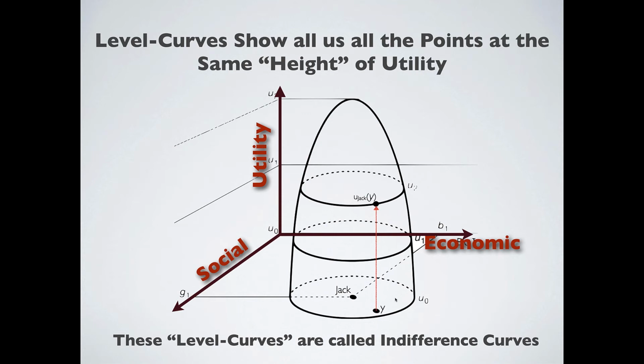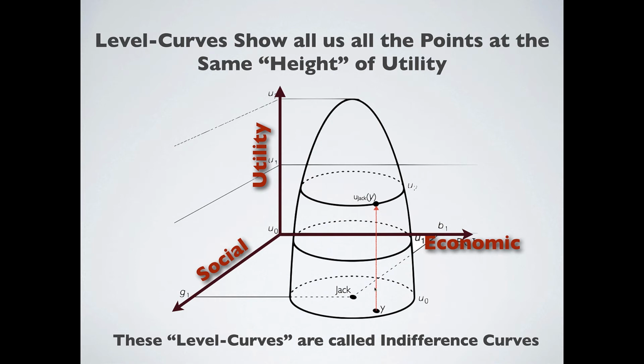So it's the set of all points down here that would map up to the utility function at the very same height, which is u2 here. It looks a little weird because u2 is here, and it looks like this should be u1, but it's not. We're looking at it from a strange perspective here. So this is utility level 2.